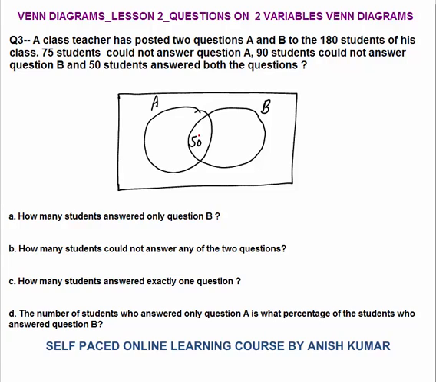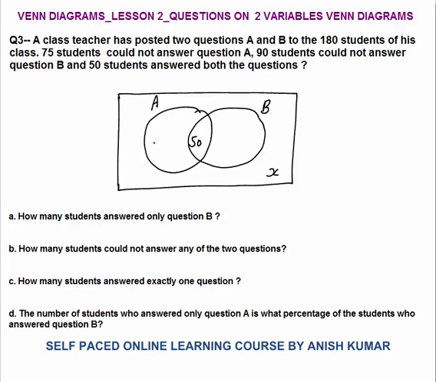90 could not answer question B. It means that there are 90 students who are outside the circle of B, because those who answered question B correctly will come in the circle of B. But we want to count those students who have not answered question B correctly, so they will lie outside the circle of B. So outside the circle of B are 90.